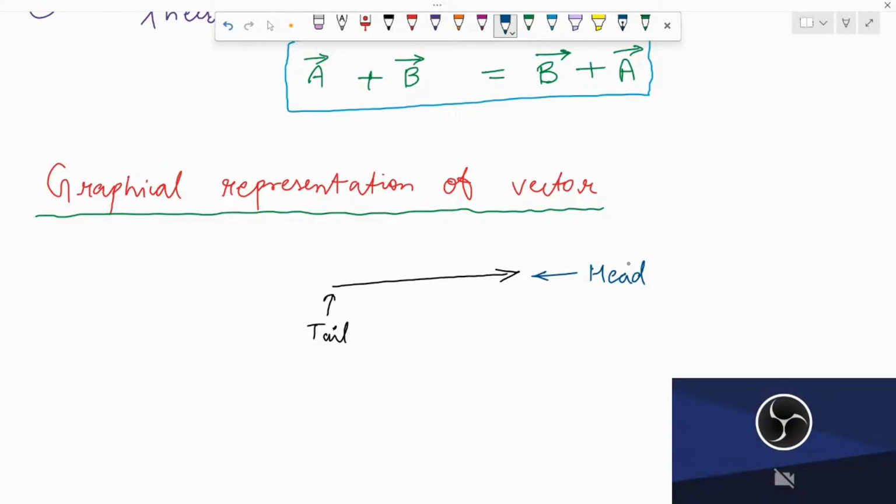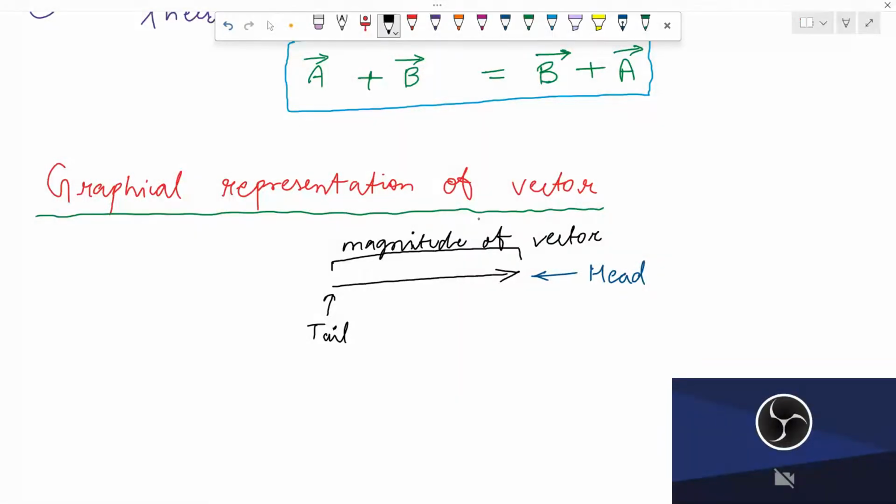The length of the arrow will indicate the magnitude of the vector. This particular length will show the magnitude of the vector.